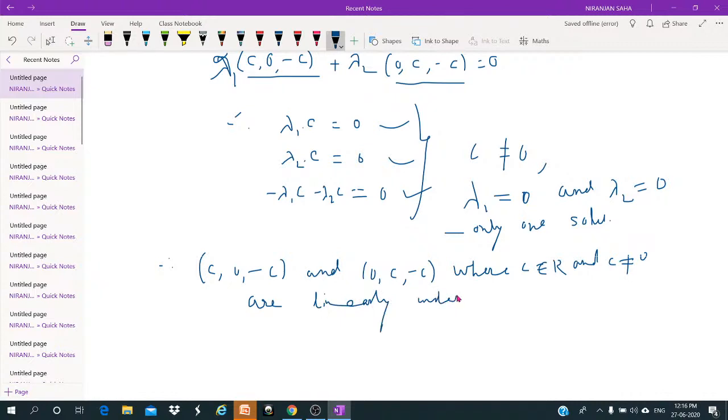So they must form the basis. There are infinite pairs of basis elements.